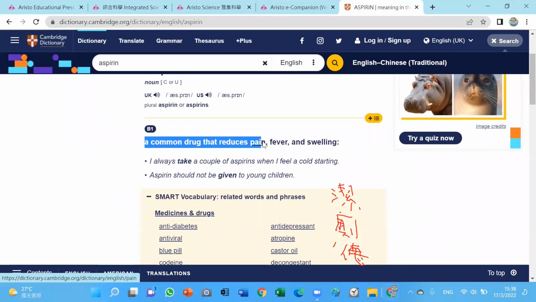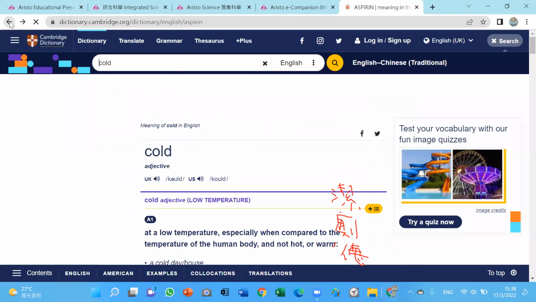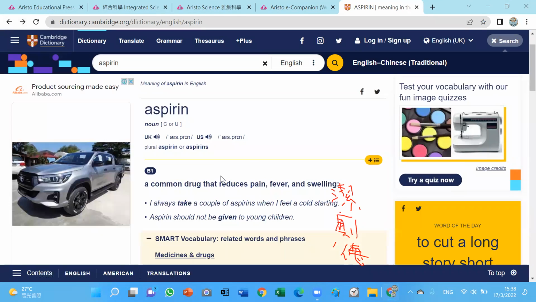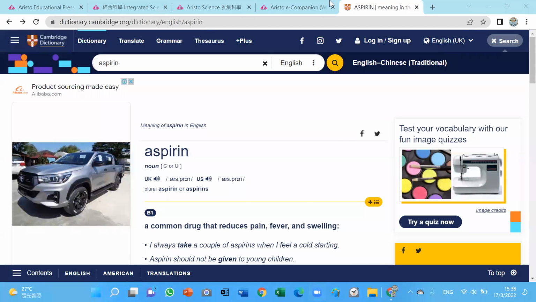A common drug that reduces pain, fever, and swelling. 好，咁你知道啦，就係一啲好 common 嘅 drug，負責減低痛楚、發燒同埋 swelling。OK, let's go back to this one.